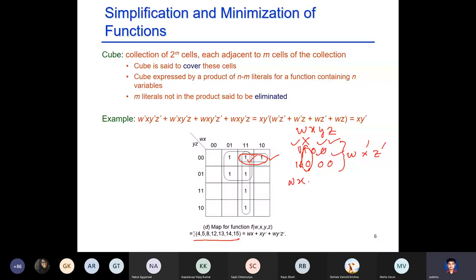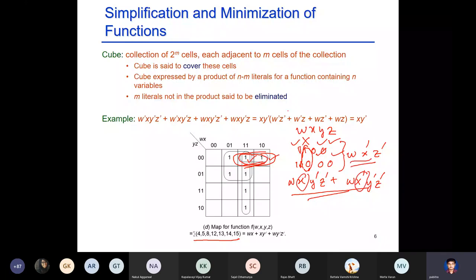Let's look at another example. Let's look at this one. What are the minterms? If I write down W, X, Y, and Z, what are the true minterms? W X is 1, 1 in all of them, and Y Z is 0 0 for the first, then 0 1, 1 1, 1 0.